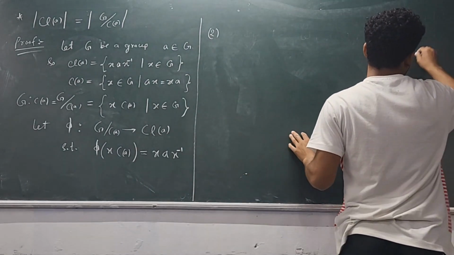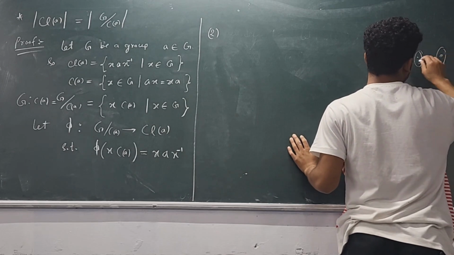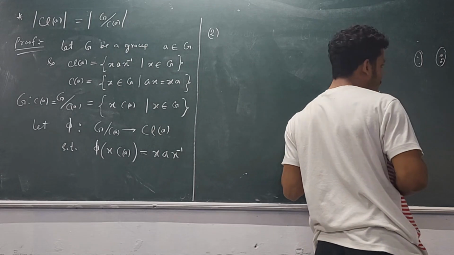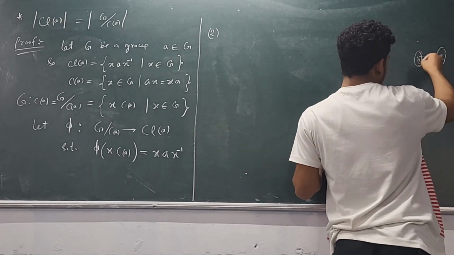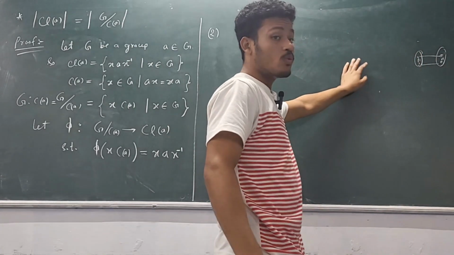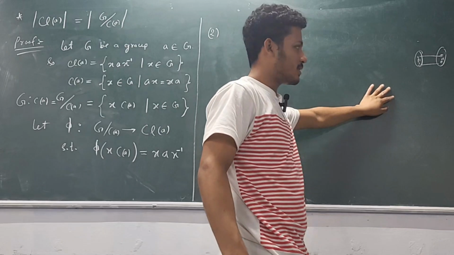Okay, 1-1 means take any two elements, and if the images of those two elements are equal, then these two elements are also equal. 1-1, that means what?